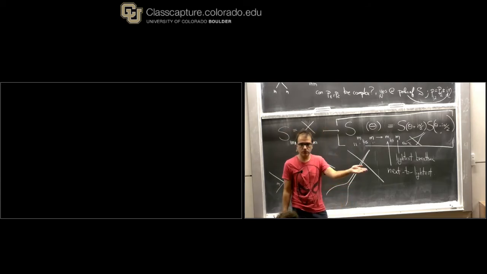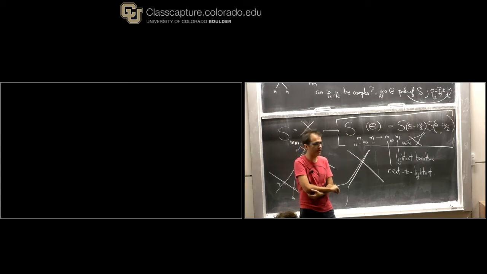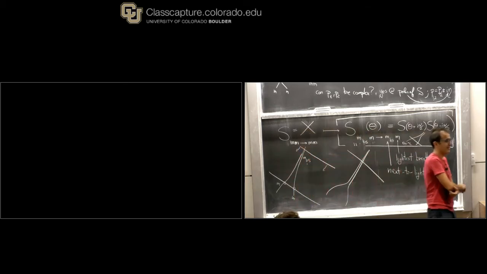What should S matrix go to? What value? 1 or 0? If the theory becomes free, what do we expect? I scatter two. What's the probability of getting two particles when I scatter two particles if the theory is free? 1. So probably 0 we can exclude.